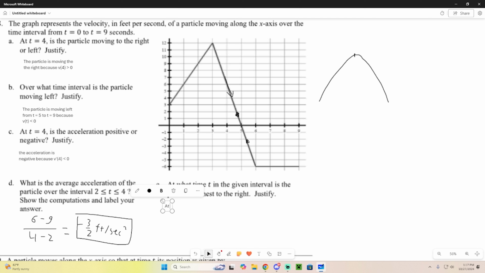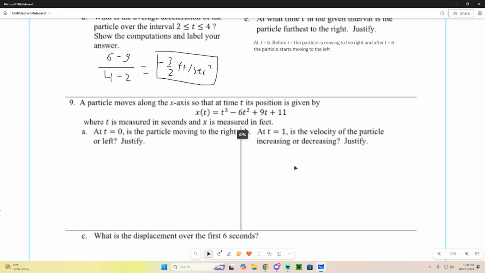So at t equals 5, and then our justification can be: before t equals 5, the particle is moving to the right, and after t equals 5, the particle starts moving to the left. If you don't understand that part, let me know and I'll explain it.